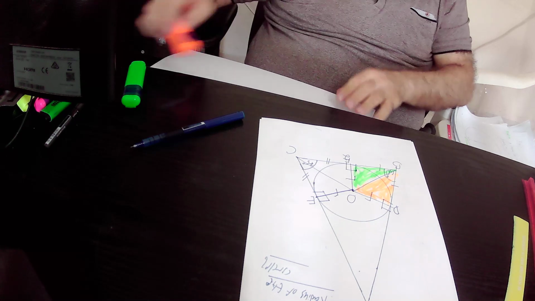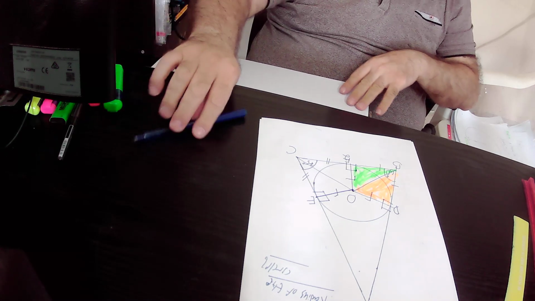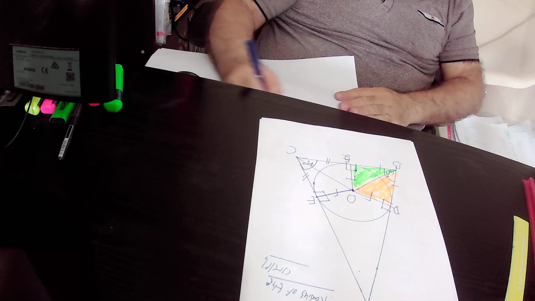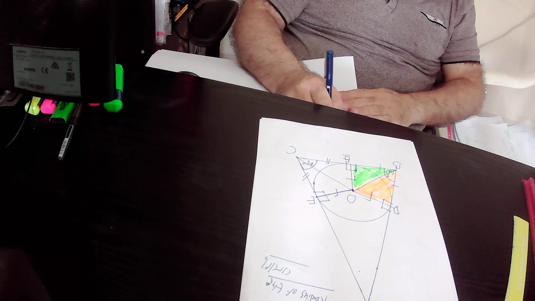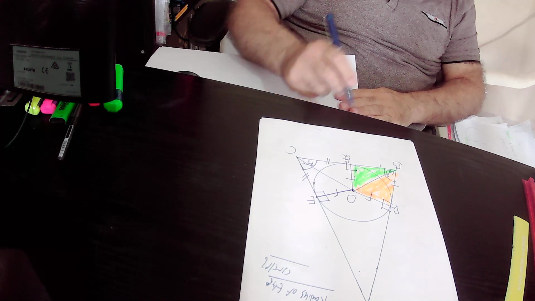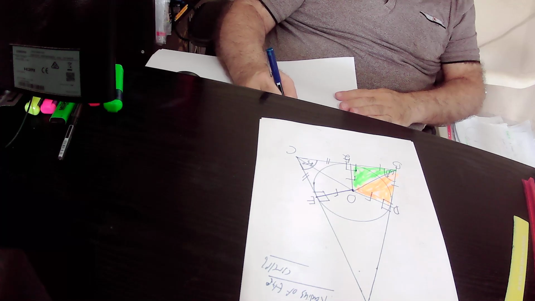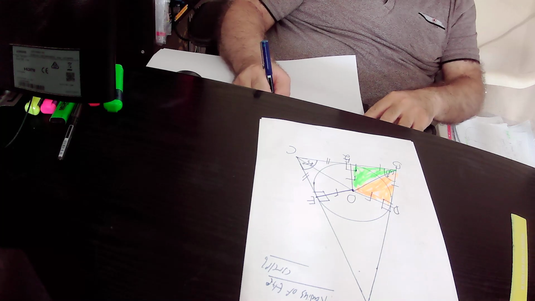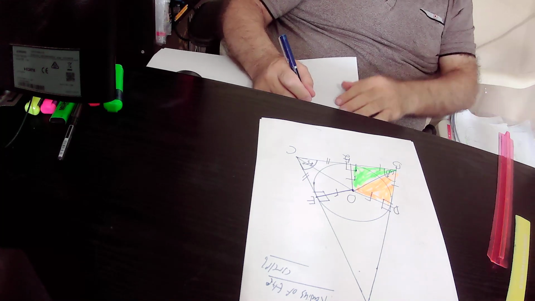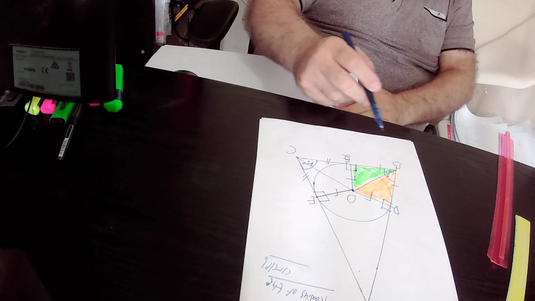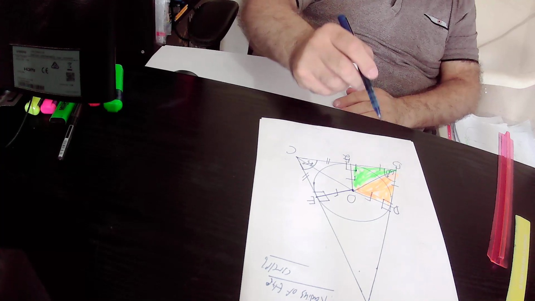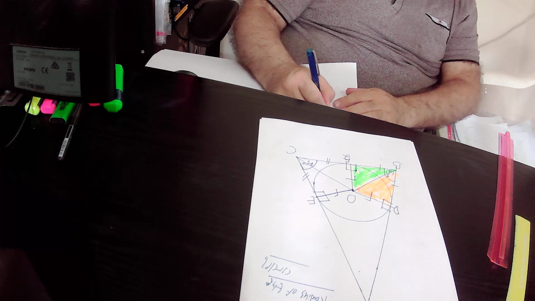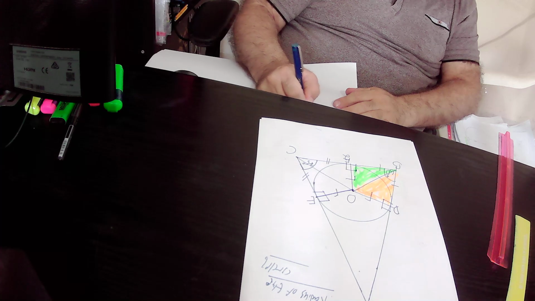The green triangle BOF is congruent to the orange triangle BDO. So why are those two triangles congruent to each other? First of all, we just proved that side BD equals side BF according to rule number 2.